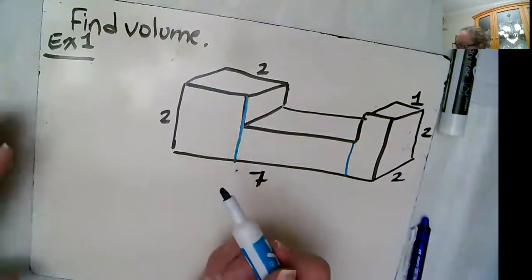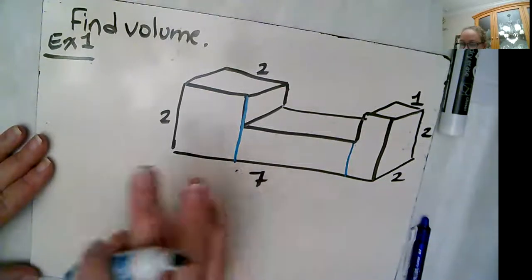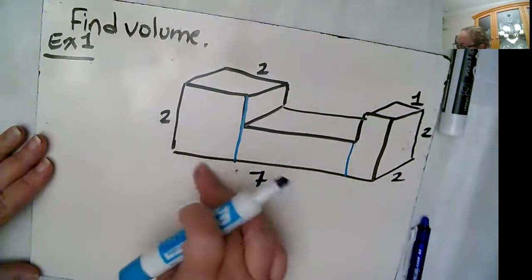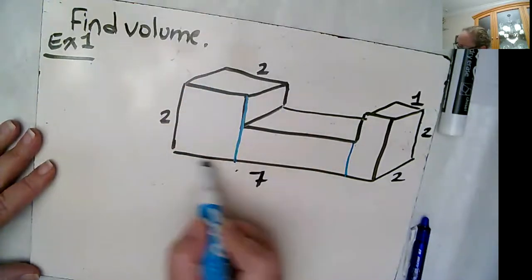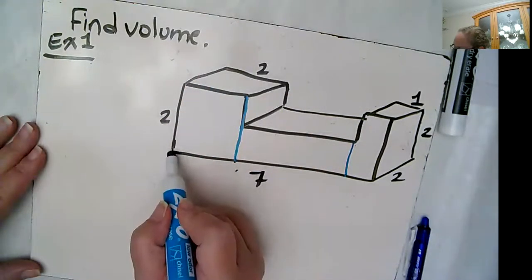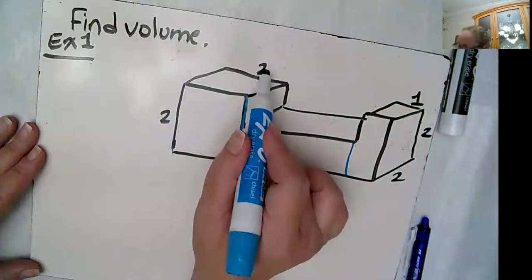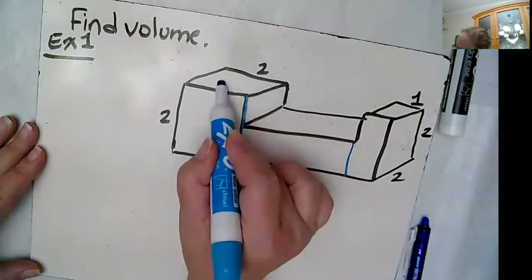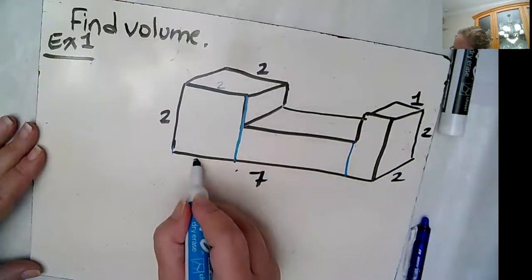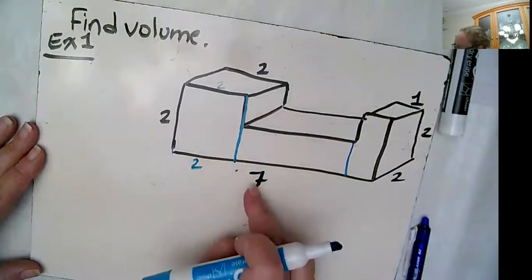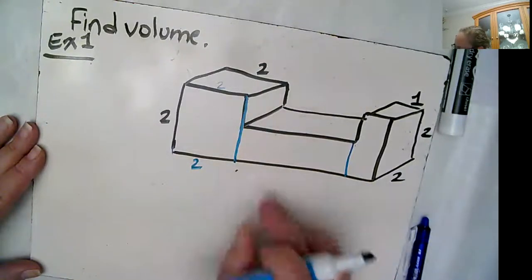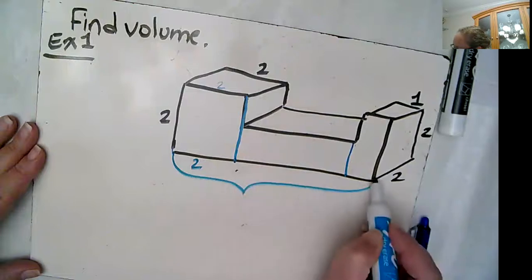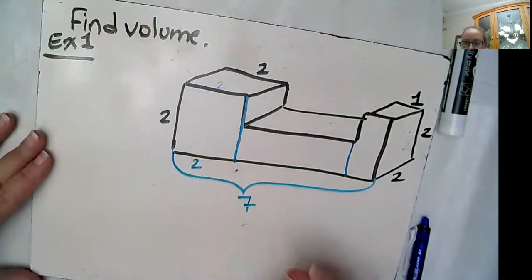To find the volume, it's always 3 dimensions: the width, the height, and the depth. We have to find this width. It doesn't show anything, but since we know this is 2, this has to be 2, this has to be 2. This 7 is for the whole length. I'm going to move this 7 out here like this. The whole thing is 7.